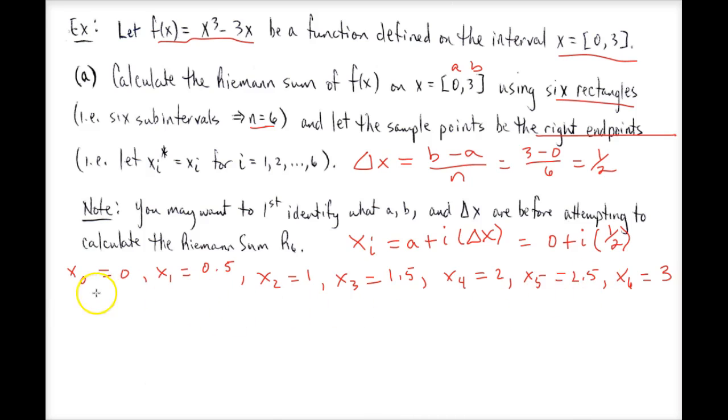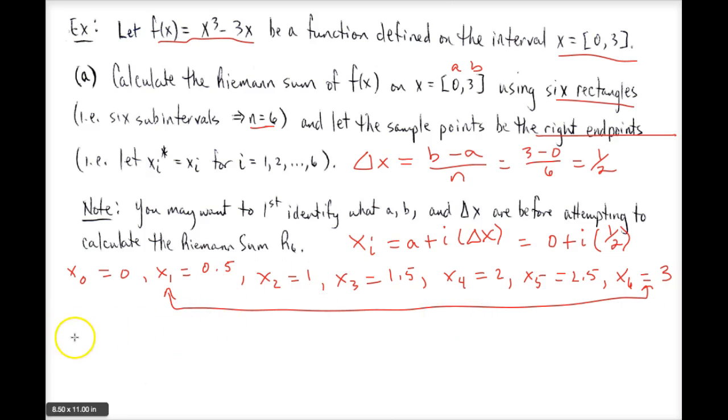To make sure that we understand, the leftmost ones will be from x sub 0 to x sub 5, whereas the rightmost will be from x sub 1 all the way to x sub 6. So we'll be using these.